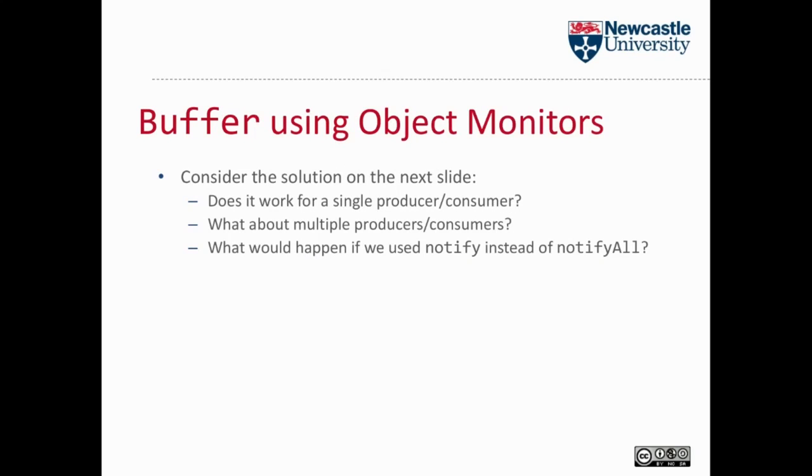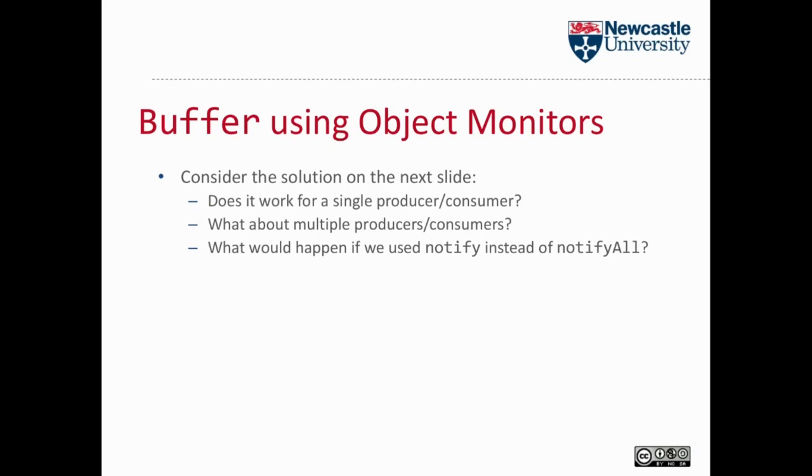Buffer using object monitors. So the thing is, now we're going to see one use case example on how to achieve one simplistic monitor by just using synchronization using this kind of old technique. We're going to use a very simplistic use case example where you have one producer and one consumer.